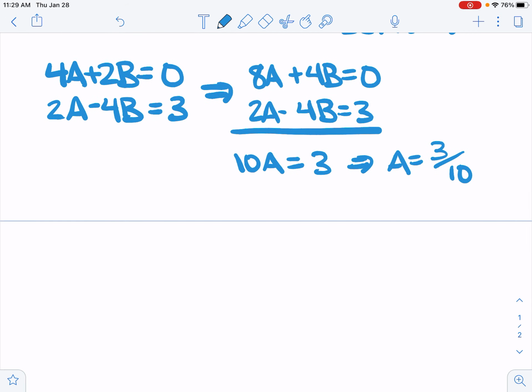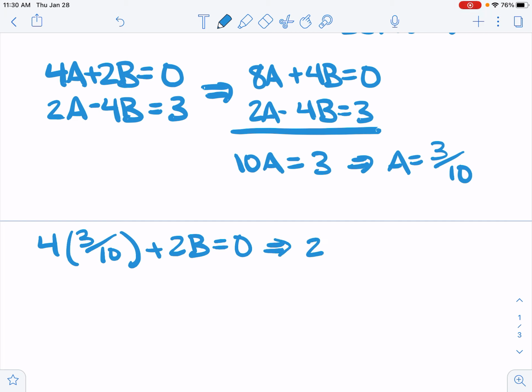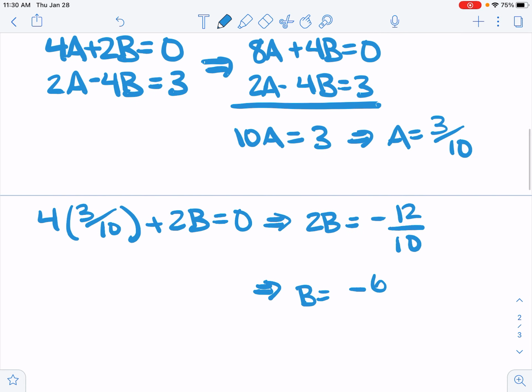Plugging that back in, I have 4 times 3/10 plus 2B equals 0. So 2B equals negative 12/10. So B equals negative 6/10, which is minus 3/5.